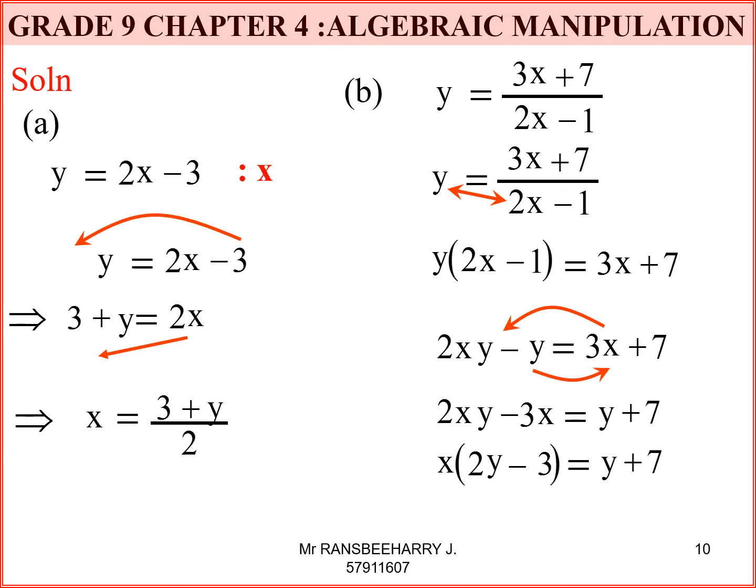We obtain x into 2y minus 3 is equal to y plus 7. So x, we cross multiply to obtain x is equal to y plus 7 over 2y minus 3. So here we have made x subject of formula. This means x expressed in terms of other unknowns and variables means x subject of formula.